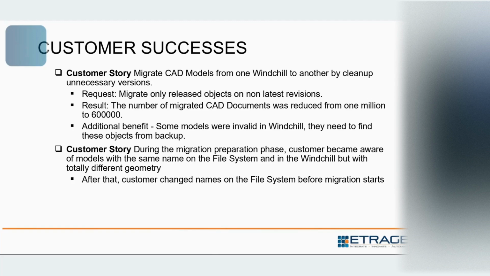After that, the customer decided to change the names on the file system before the migration started. In that way, we avoid even the possibility of making problems in the target Windchill, where we would try to connect models with the same name to some top level assemblies, but that are completely different and invalid.